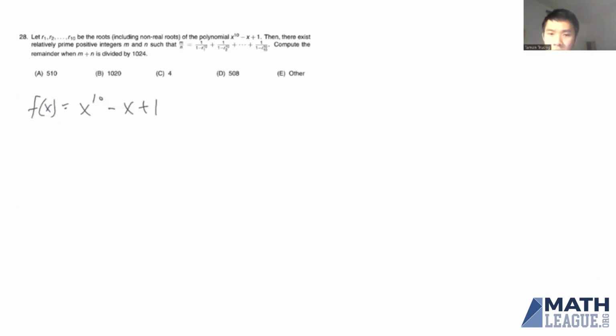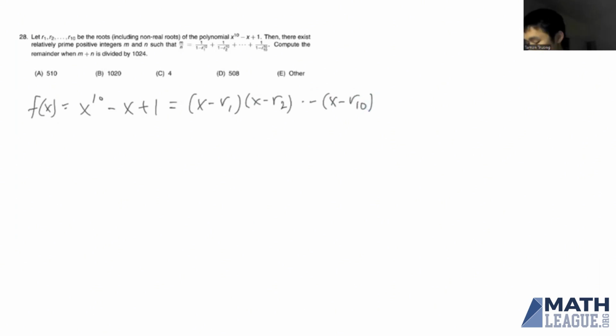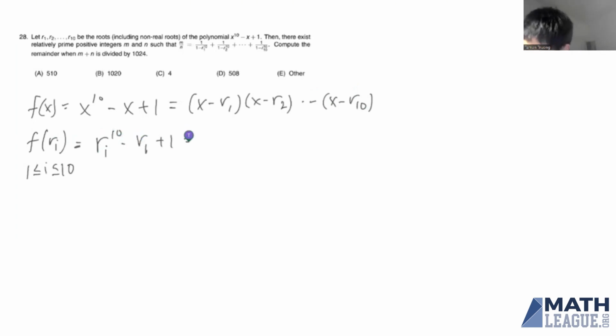We know it has 10 roots, and since it's a monic polynomial, it can be written as x minus r1 times x minus r2 all the way to x minus r10. So when you plug in r1 or r2 or all the way to r10, you'll get 0. So if we plug in some ri between 1 and 10, we'll get ri to the 10 minus ri plus 1, and that's going to be 0.